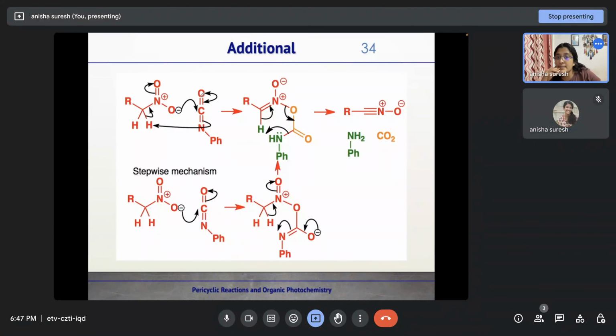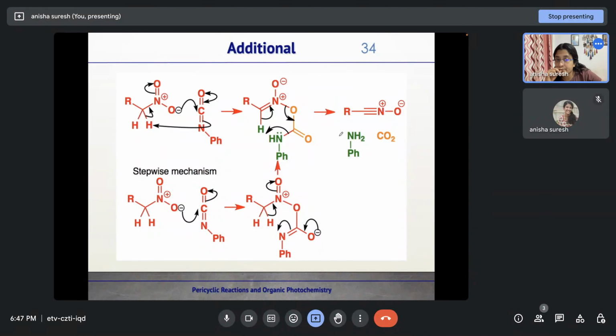So this double bond will break, leading to formation of O minus, then it will come back, then this double bond will go and abstract this proton and this bond will break, leading to formation of a double bond here. So this type of a system will be forming. Now what will happen, a CO2 elimination will be taking place and a PhNH2, a phenylamine, will also be eliminated, leading to formation of this nitrile oxide.